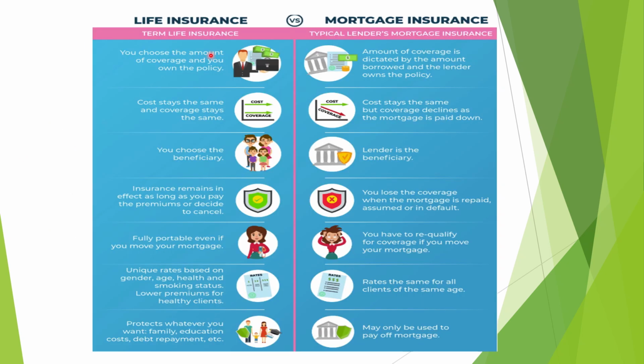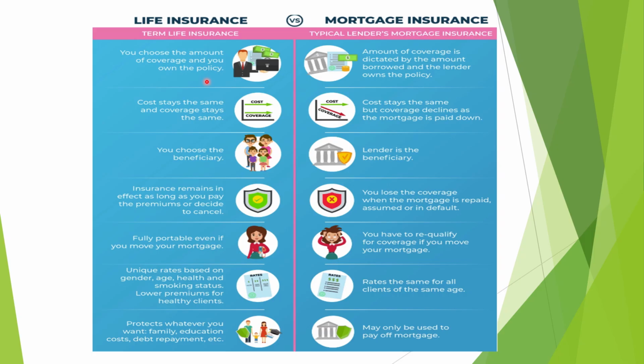Now let's go on to the difference between life insurance and mortgage life insurance. Here, I took the example of term life insurance and the typical lender mortgage insurance. What is the key difference between them? Let's go to the first. You choose the amount of coverage and you own the policy.